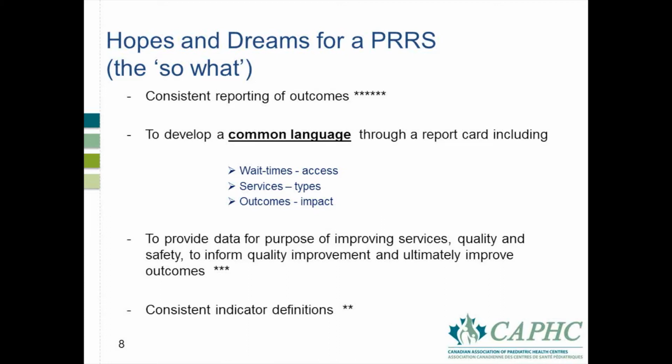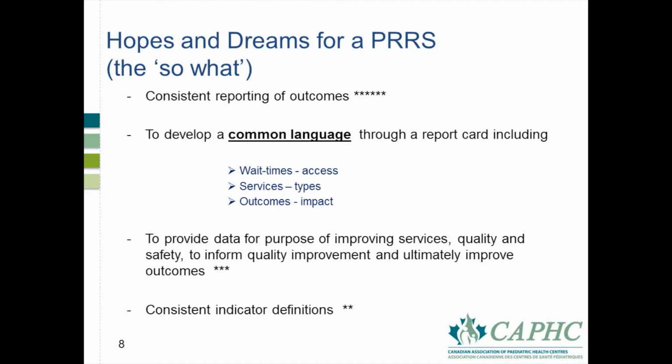So this whole concept of having a common language that they could talk to each other in, that common language that we could use to look at outcomes was very, very strong. And they wanted that common language to include the number of the data elements that we had been looking at.